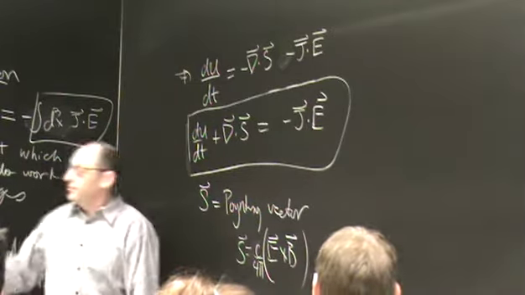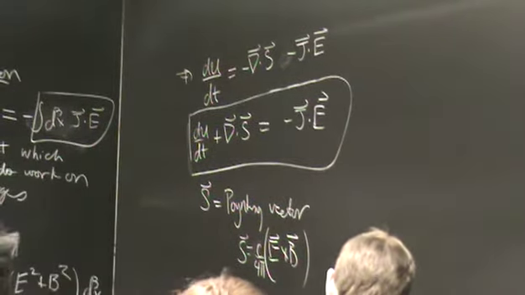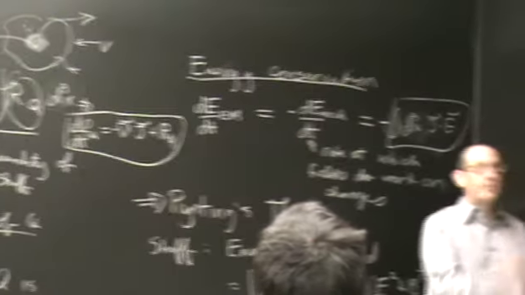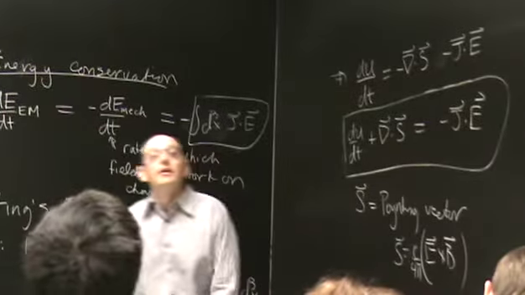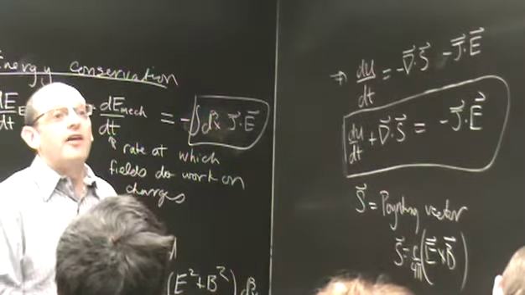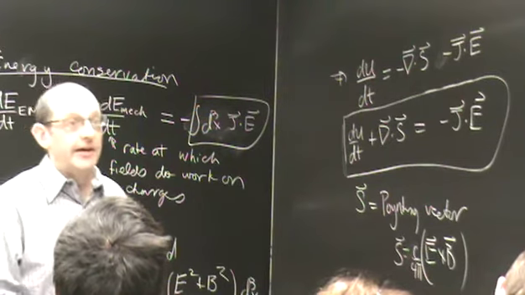This is, as we said, for a general conservation law, we're talking about the rate at which electromagnetic energy flows per unit area. So it has units of power per unit area.